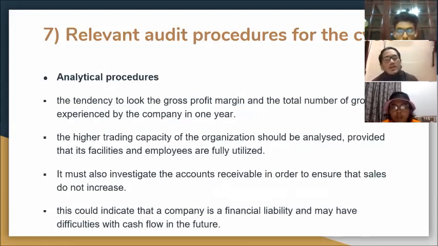The higher trading capacity of the organization should be analyzed, provided that its facilities and employees are fully utilized. The auditor must also investigate the accounts receivable in order to ensure that sales do not increase unreasonably. This could indicate that a company is a financial liability and may have difficulties with cash flow in the future.